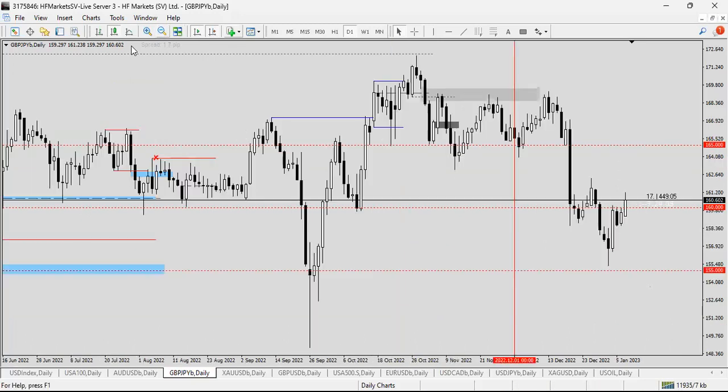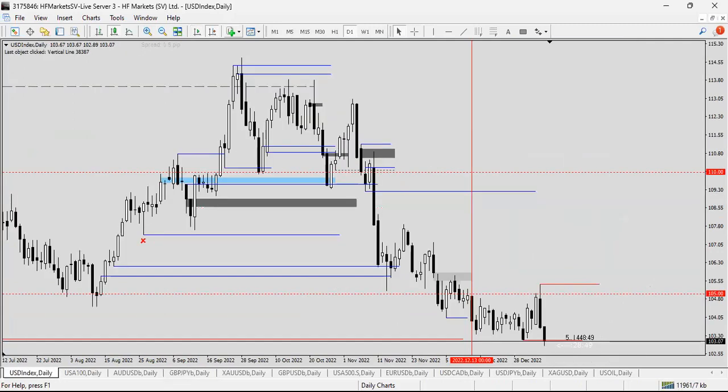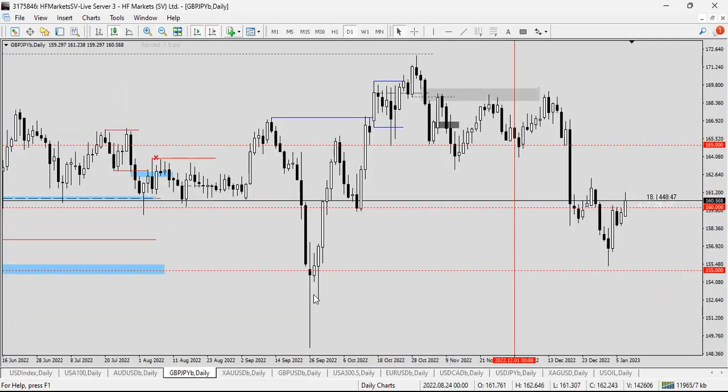I know that was the original relationship, but lately, the reason I've stayed away from this pair is because when DXY was weak, this was still falling heavily, like right here. DXY was falling and that was also falling, which means my correlation is off, which means I don't force my understanding if there's something here that I don't understand.